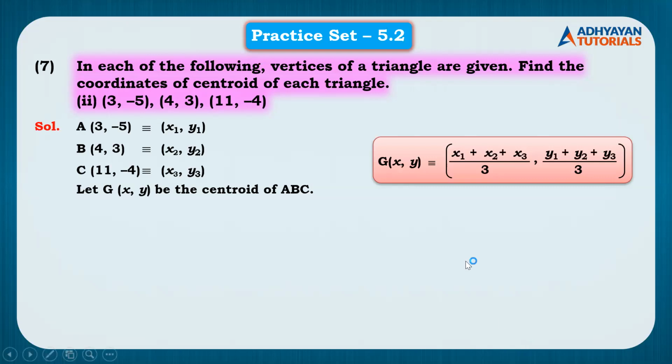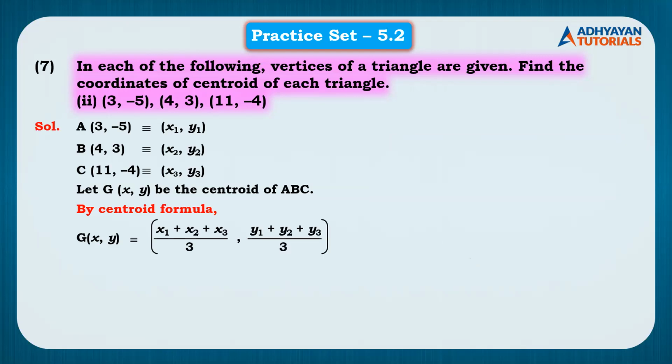That means if you have to get the coordinates of centroid, this is the formula in front of us. Clear? So now we have to use this formula for solving the sum. Write down by centroid formula G(x, y) coordinates: x1 plus x2 plus x3 upon 3 and y1 plus y2 plus y3 upon 3.